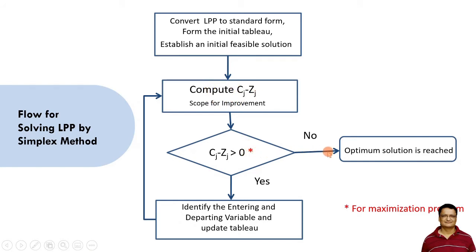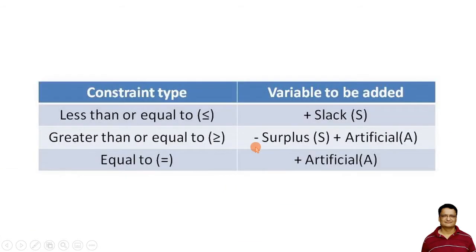Once we reach a point where the Cj minus Zj values are 0 or negative, the optimum solution is reached. Remember that all these steps are valid when the problem is of a maximization type. Let us now see how to solve this problem.